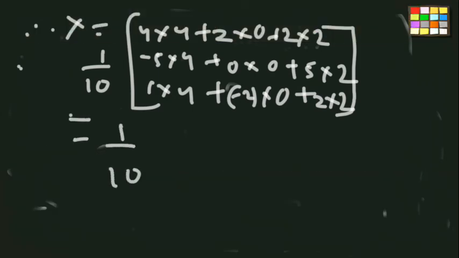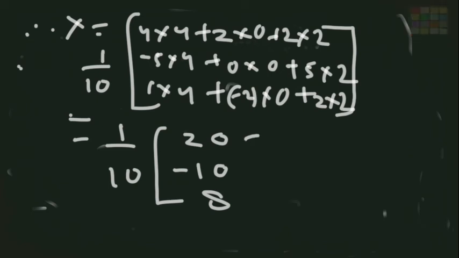So it is 1 by 10. Now look at this: 4 into 4 is 16, 16 plus 0 plus 4 which is 20, then it is minus 20 plus 10 which is minus 10. Next it is 4 plus 4, which is 8. Clear? So this will be 4, and this one will be 2 cross 2 which is 4, 4 plus 4 is 8.